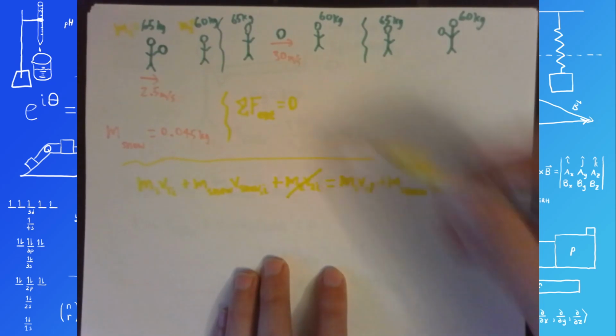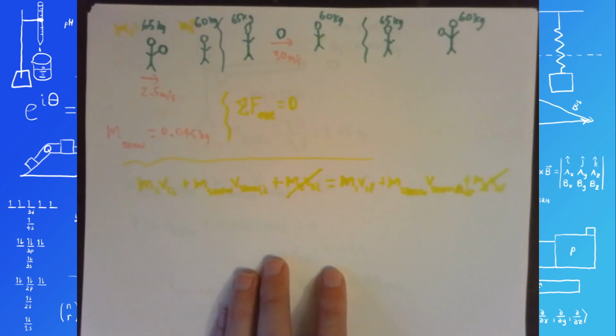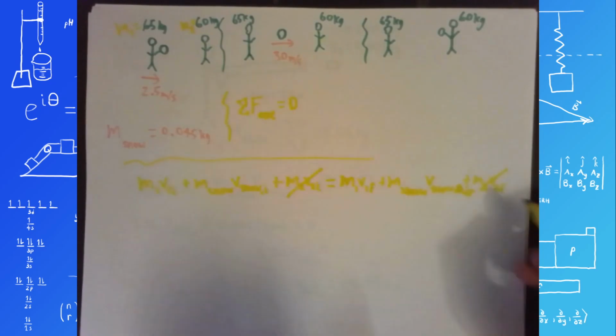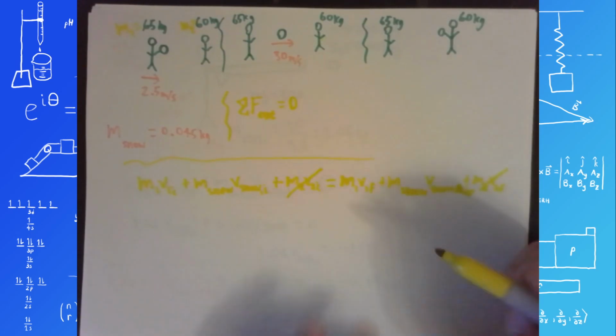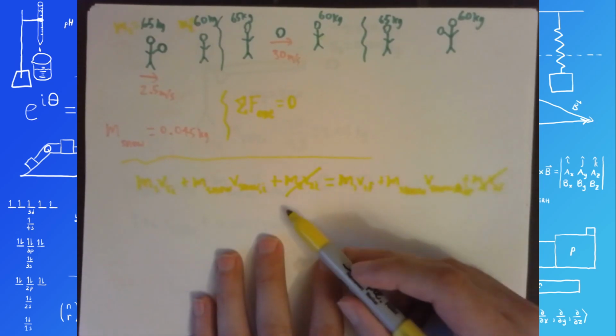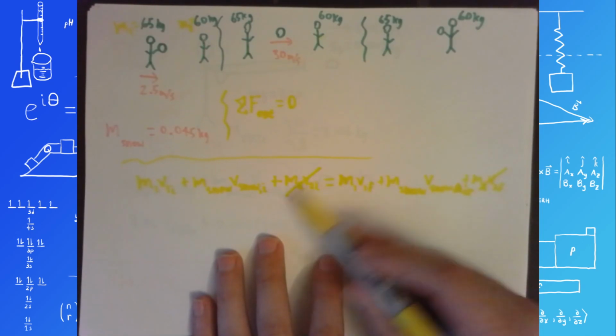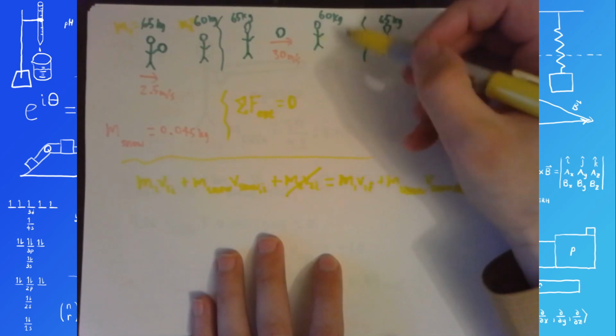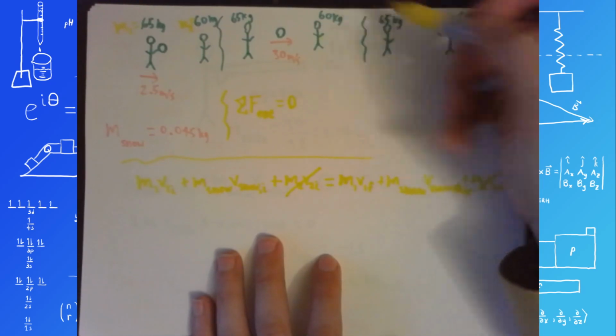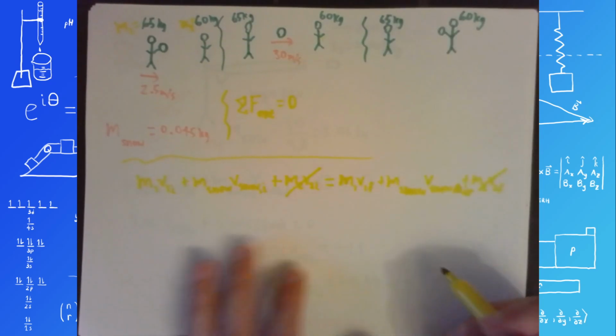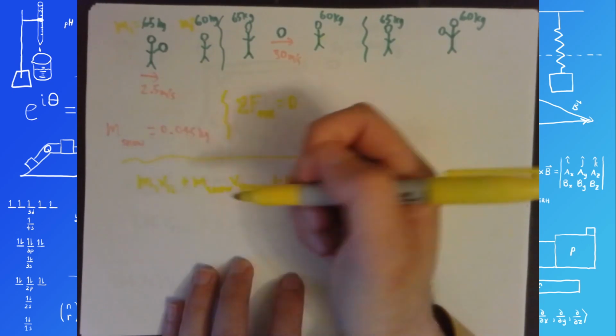I mean, we know it's 0 because person 2 is initially at rest. And come to think of it, calling their speed over here v2 final is also not the best of ideas. Oh well, you know what I mean by it. So anyway, there's no change in the speed of person 2 because there's no collision happening with person 2 yet. So it doesn't matter even if you include him or her in the system.